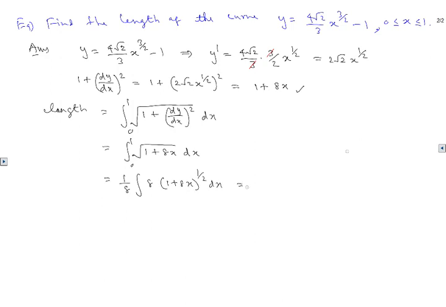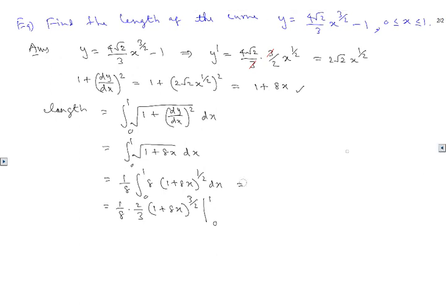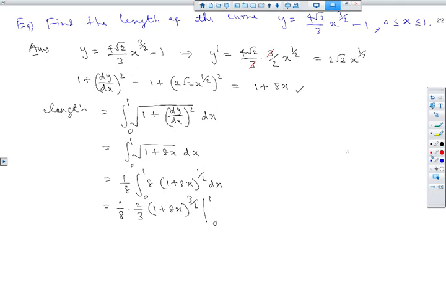So your answer is going to be 1 over 8 times 2/3 times 1 plus 8x to the 3/2, from 0 to 1. So that's the answer, and then you need to plug in the values. But if you remember the substitution technique, we can use that as well.